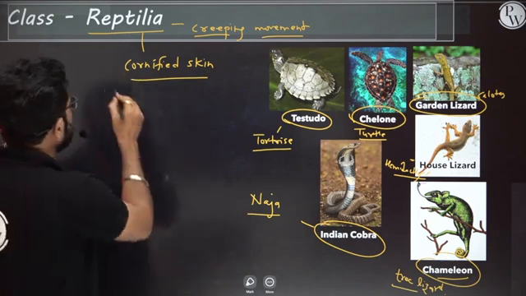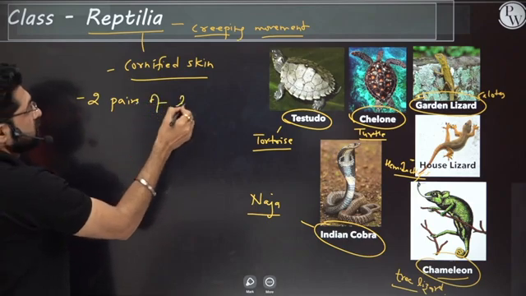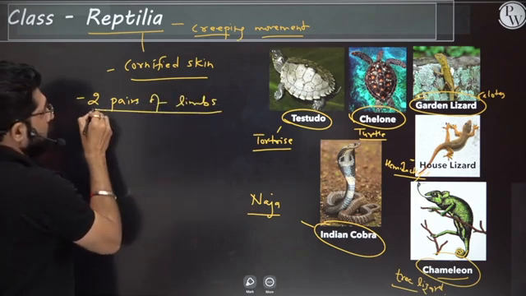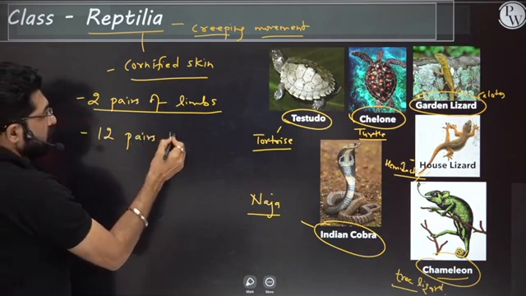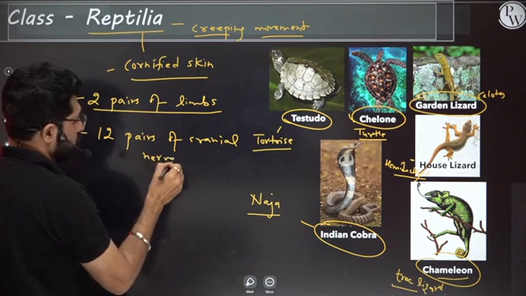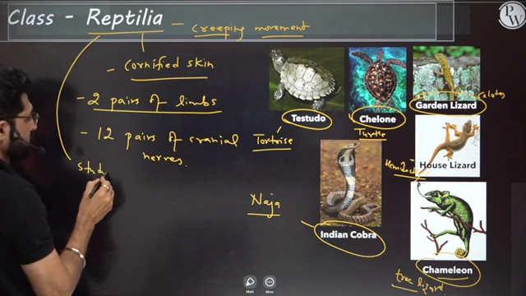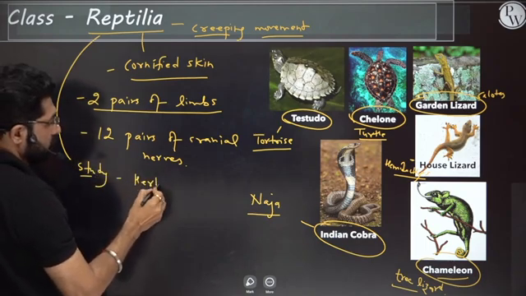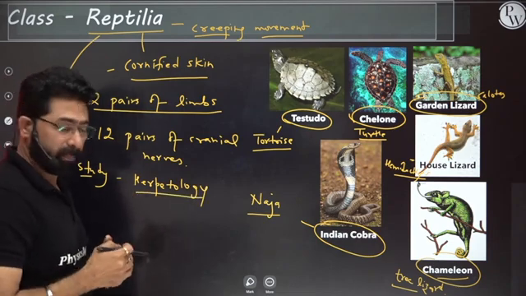Now reptiles have two pairs of limbs. They have 12 pairs of cranial nerves. Study of reptiles is called herpetology. Herpetology is the study of reptiles.